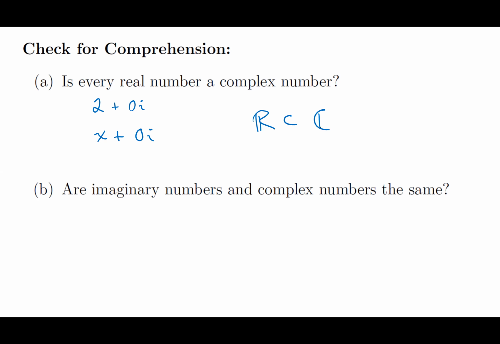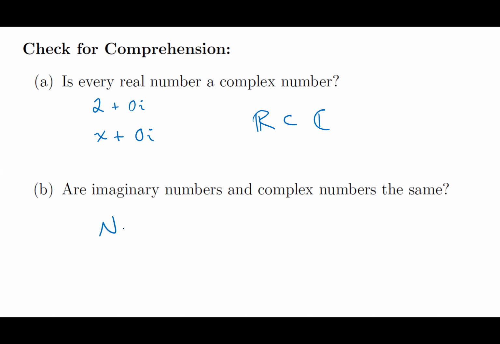And then B, are imaginary numbers and complex numbers the same? Now I'm asking this because there's a bad habit. A lot of times people will use them interchangeably, and that's just not the case, okay?